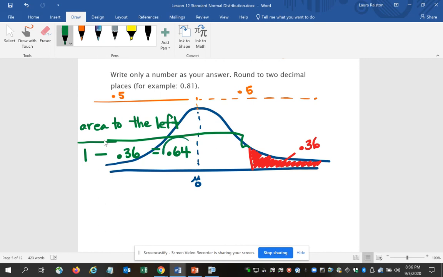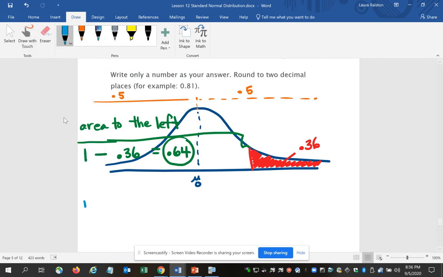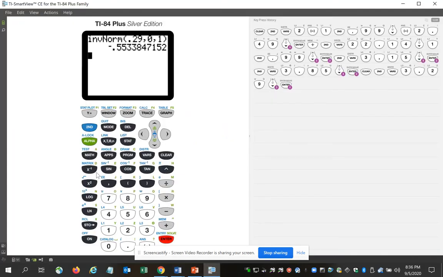So the area to the left is 0.64, and that's important because that's what you need to enter into the calculator. Inverse norm, 0.64, mean is 0, standard deviation is 1. And again, what I can see from my picture is that my answer should be positive.